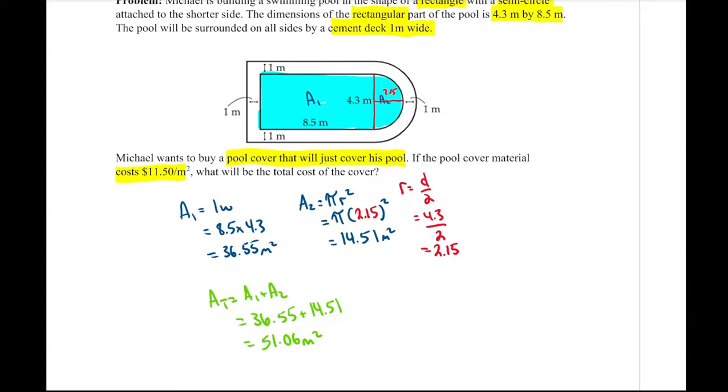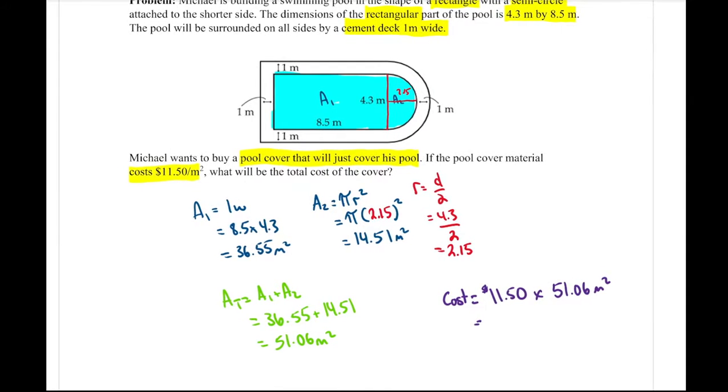What we need to know now is how much it's going to cost with that pool cover material. I know that it's 11.5, so the cost is going to equal $11.5 per meter squared, and if I have 51.06 of them, I'm going to multiply by 51.06 meters squared.